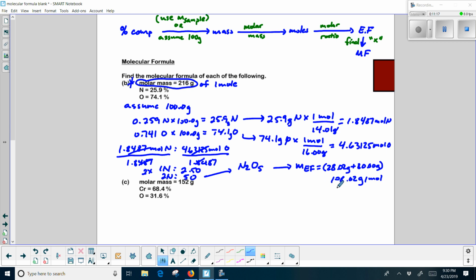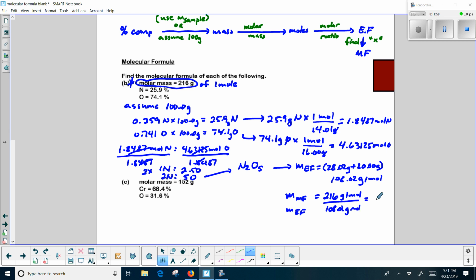Now, this would be the mass of this ratio. When you look up here, the mass of the actual compound is 216 grams per mole. So here's what we do. We compare the real mass, the molecular formula mass, which is 216 grams per mole, to the mass of the empirical formula, which is 108.02 grams per mole.